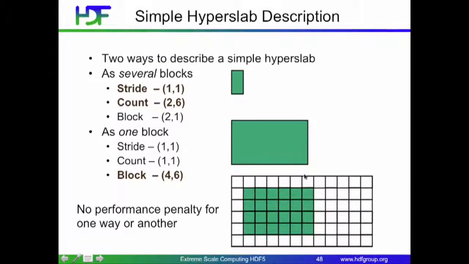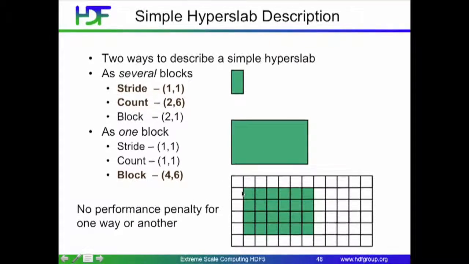So there are two ways to describe a simple hyperslab. You can describe it using several blocks, such as this, so you define a small little block, or you can define one big block out of this subsection. It really doesn't matter what you do, so you can choose the hyperslab description that is most convenient for your code. If your code likes to describe this sub-region as one big block, you can do that.